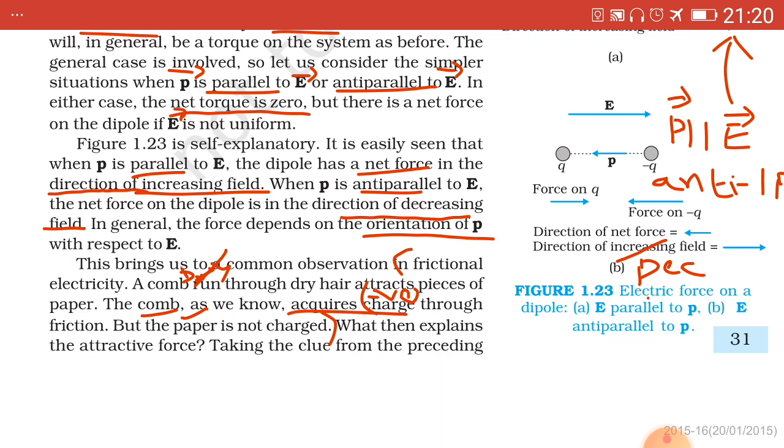Now, this can be related with an example which we see in our daily life. In frictional electricity, a dry comb run through dry hair attracts small pieces of paper.